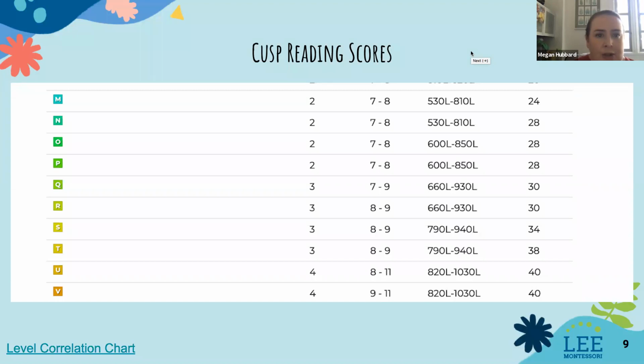So I just did a screenshot here so you can see that a DRA level 28, if we're looking at my third line down, corresponds to second grade, and also corresponds to a Raz Kids level O. So in your reading level reports from us, you received both the Raz Kids level, which is the letter, and the DRA level, which is a number.